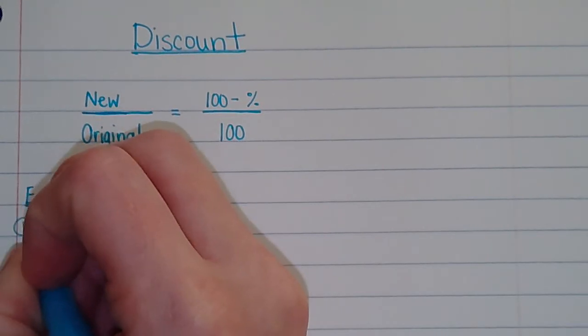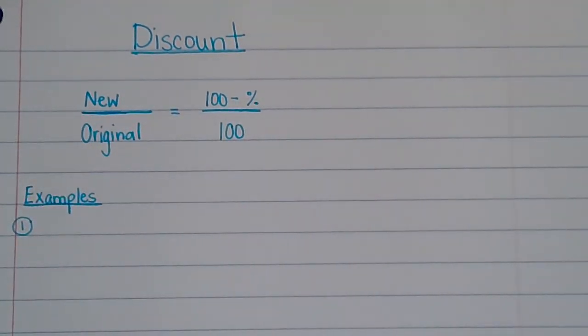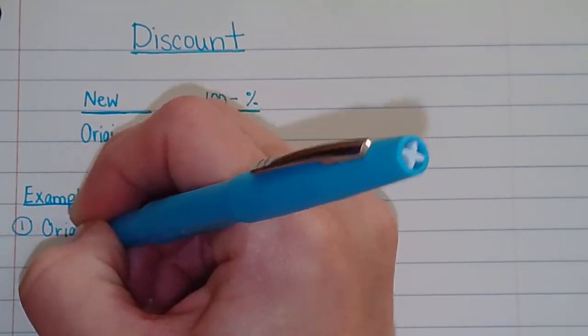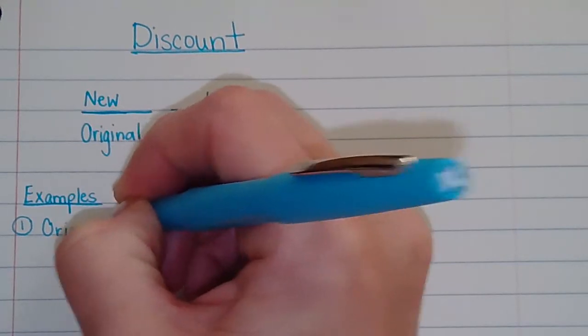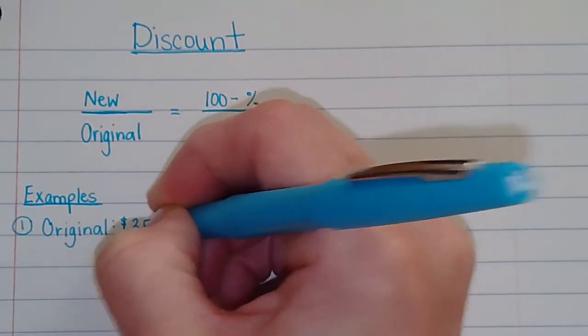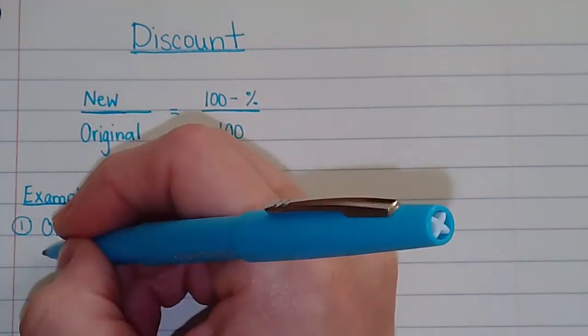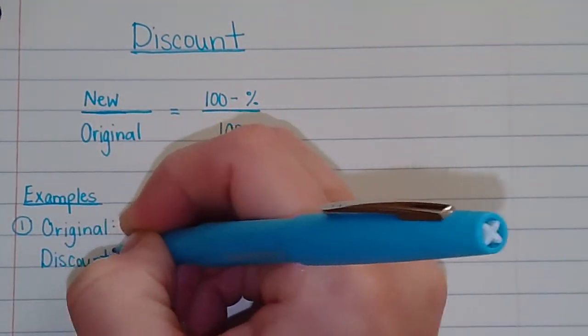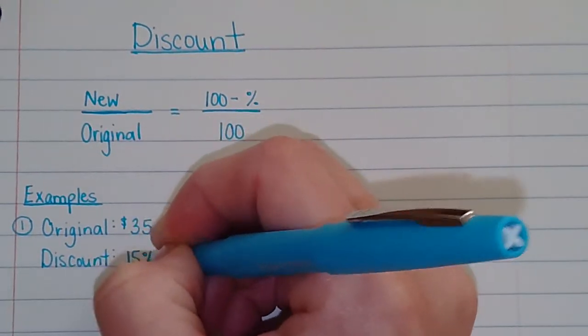All right, so let's say that your original amount is $35. All right, and then they tell you the discount is 15%.